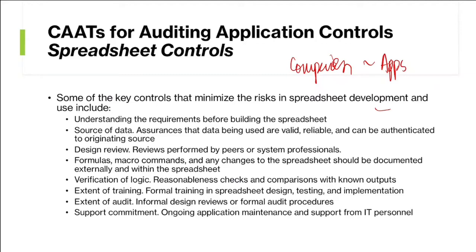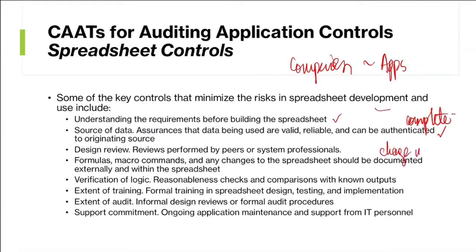The key controls that we should see are understanding the requirement before building the spreadsheet, and the sources of data. There should be assurance that data being used are valid, reliable, authenticated to the originating source, and also complete. Design review, reviews performed by peers or system professionals. Formulas, macros, and any changes to the spreadsheet should be documented externally and within the spreadsheet.